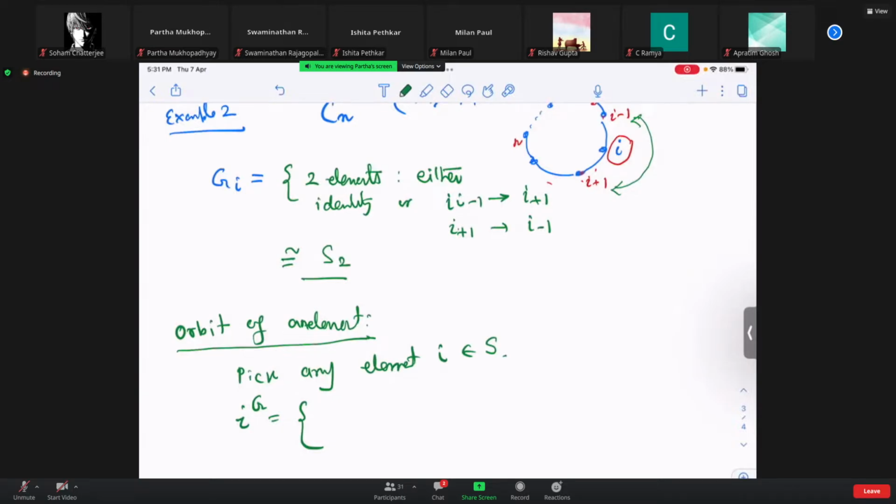That means I^g will be I when g acts and moves I to somewhere else, and g is running over the group acting on S. Let's say G is a group acting on S, and given an element I, you can define the orbit. So intuitively speaking, orbit is where I is moved by the group action.